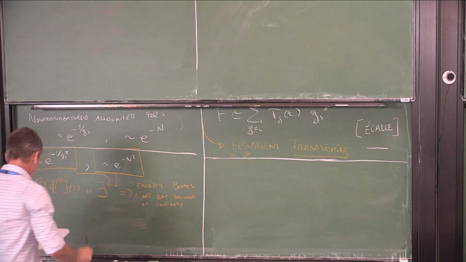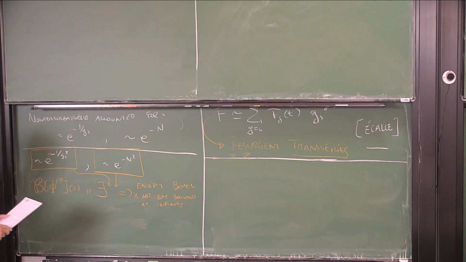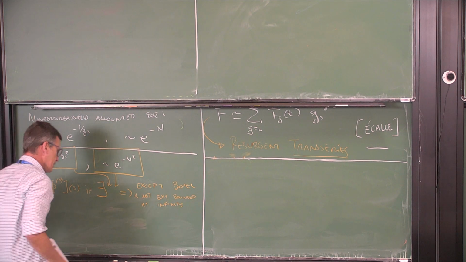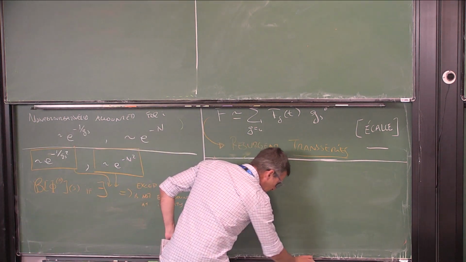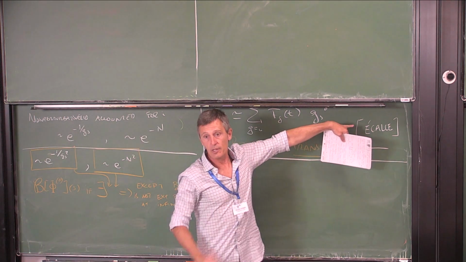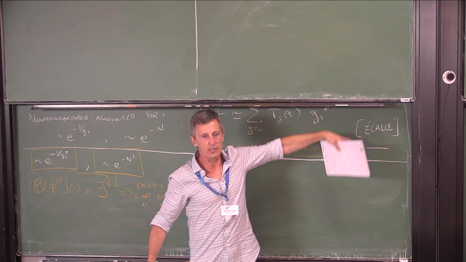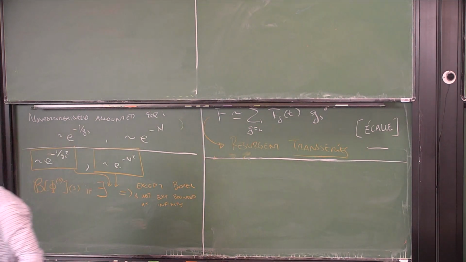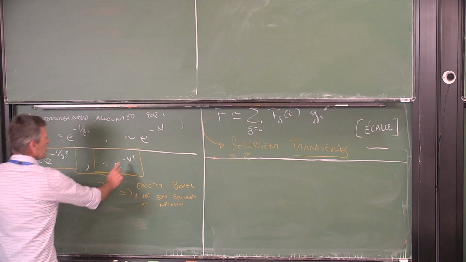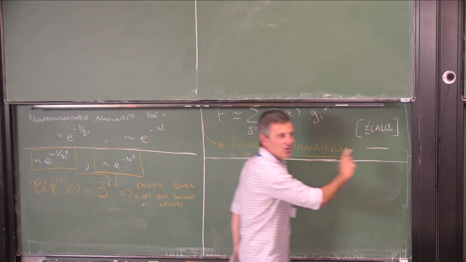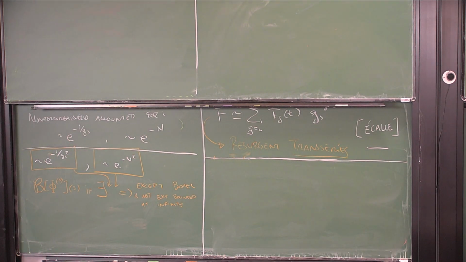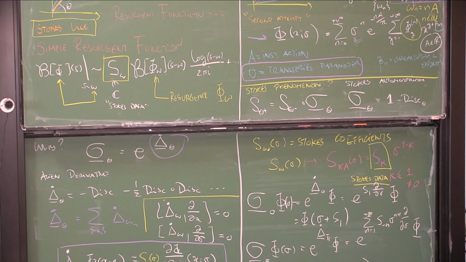All right, so how can we deal with that? Well, then we need to do another trick, which is still in the full resurgence theory of Ecalle. In fact, with resurgence, you can do e to the minus n squared, minus n cubed, and minus n fourth, whatever you want. But as far as we know in string theory, we stop at e to the minus n squared.